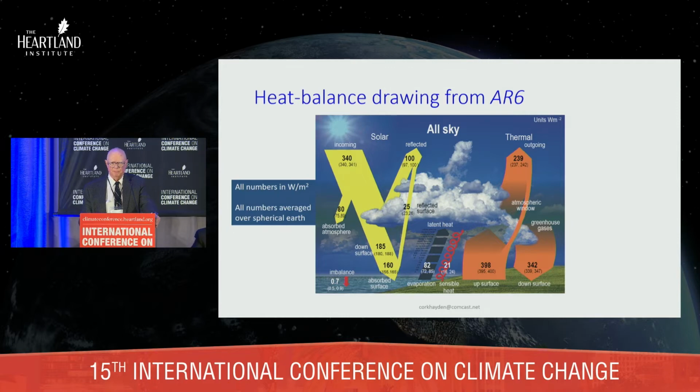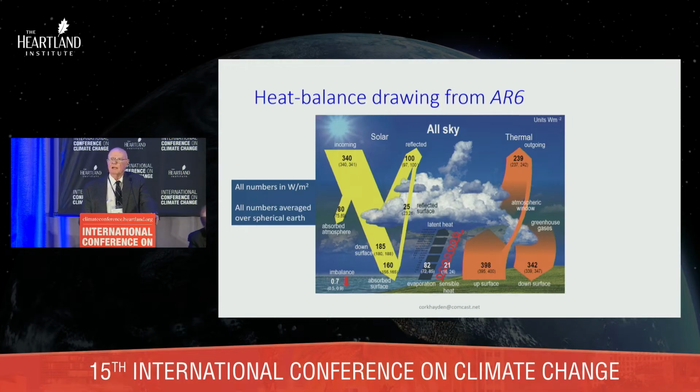For example, the sunlight that comes to the Earth is equal to the absorbed sunlight plus the reflected sunlight. The net amount of absorbed sunlight equals the amount of radiation that goes into outer space in watts per square meter.